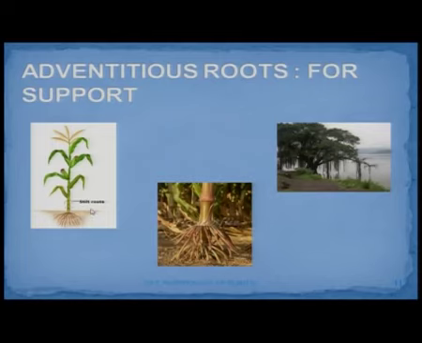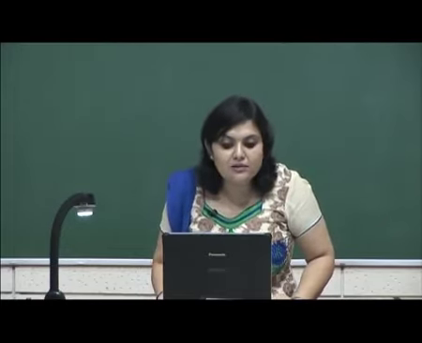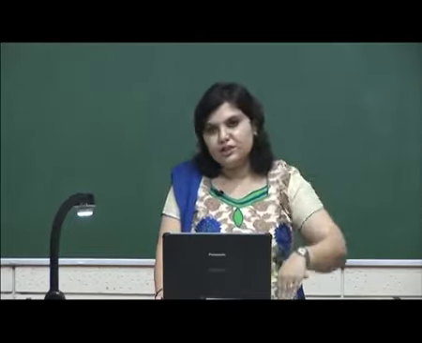Roots are always positively geotropic, but the shoots are negatively geotropic. They move away from the ground or the soil. So, this makes us say that these structures, though growing from the stem, are roots because they are positively geotropic and their function is to provide extra support for the plant.